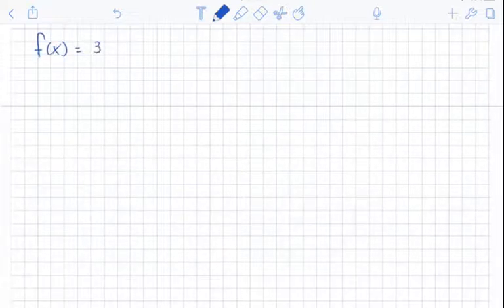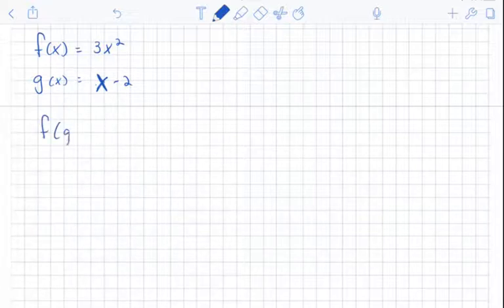f of x is 3x squared and g of x is equal to x minus 2. All right, so let's try evaluating f of g of x, and then let's try evaluating g of... wait, hold on. Okay, you know what we need to start by doing?